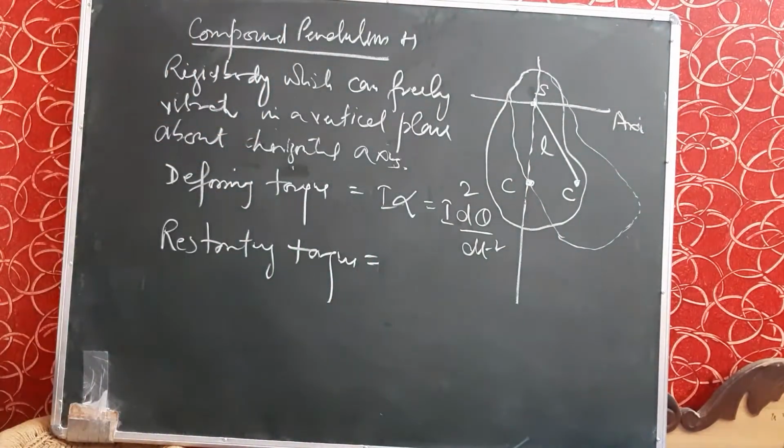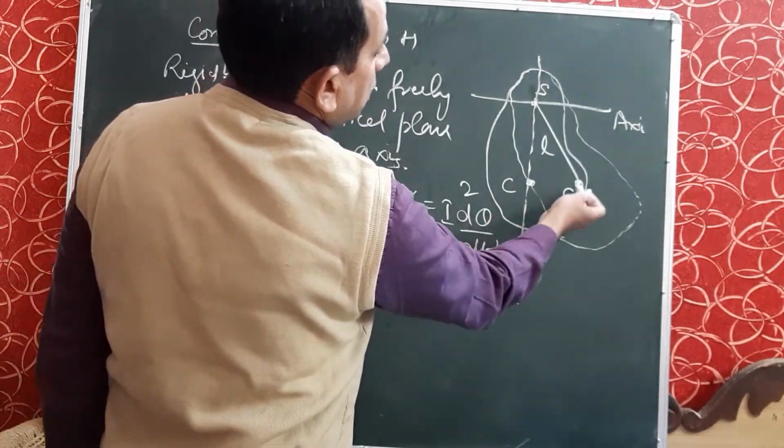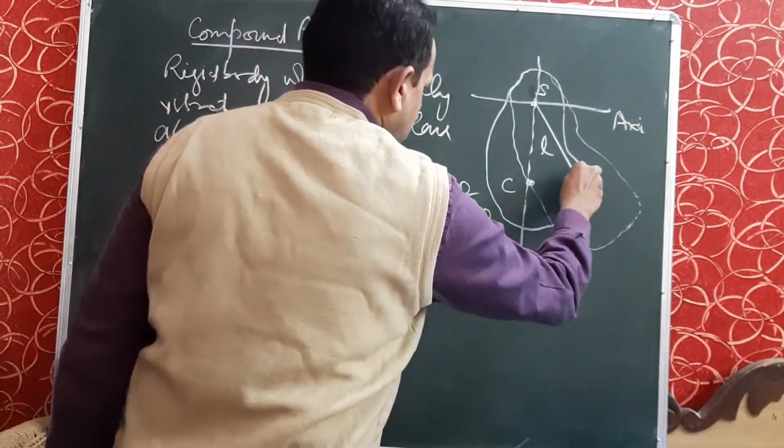In the second case, restoring torque. Restoring torque in the case of a compound pendulum is due to its weight, because when this pendulum is lying at this position, its weight is mg.